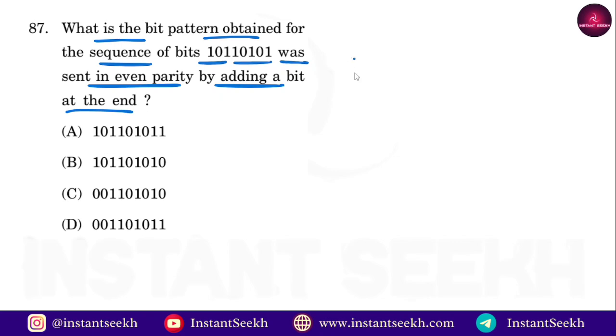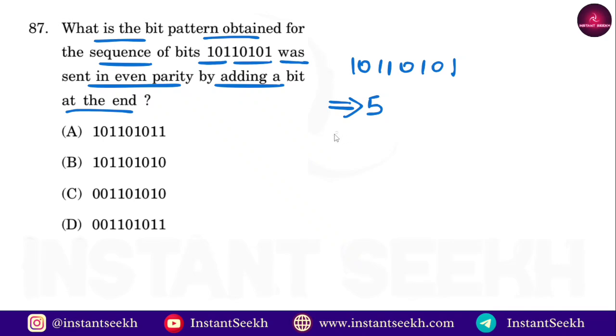First of all, we should write the pattern given: 10110101. It is saying that it was sent in even parity, and we should know that in even parity the number of ones is always even. Let's count the number of ones. Total it is 5: 1, 2, 3, 4, and 5. So to make it an even parity, we need to add one more 1 at the end.